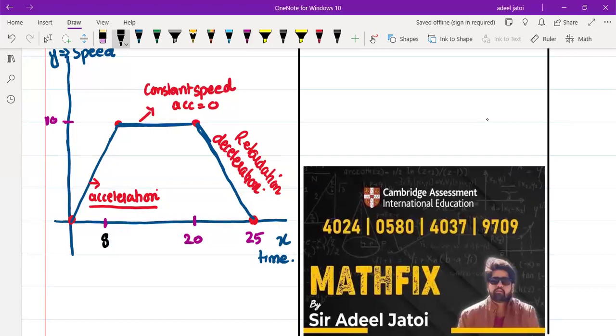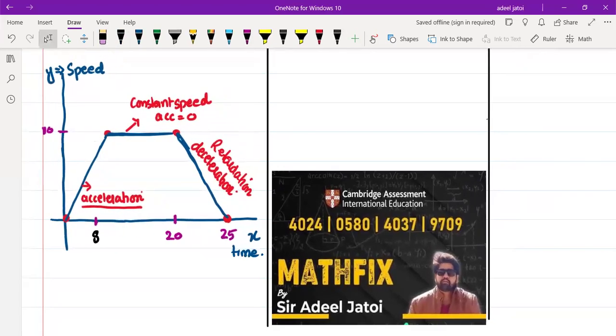Now, what do we see? We see 3 different shapes here, or we can even say 2 different shapes. We can see a triangle, a rectangle, and another triangle, or directly a trapezium and a triangle. So you can obviously see shapes when you're dealing with a speed-time graph.